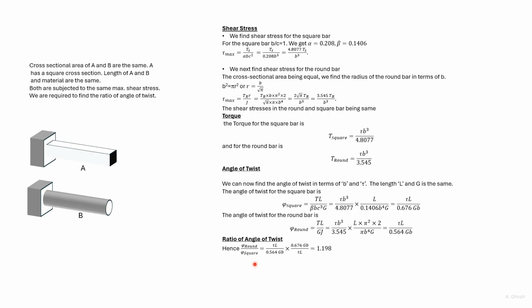Then dividing the angle of twist of the round bar by the angle of twist of the square bar, we get the ratio of the angle of twists as shown.